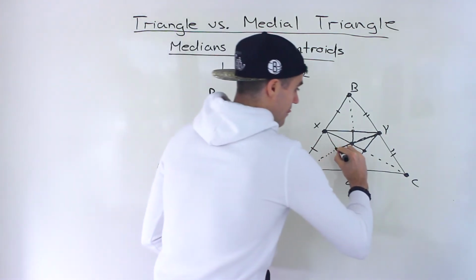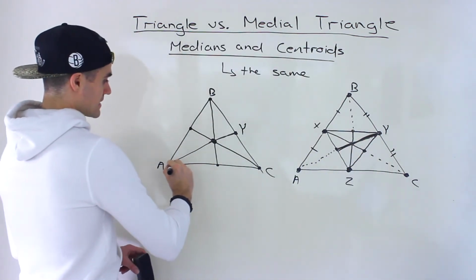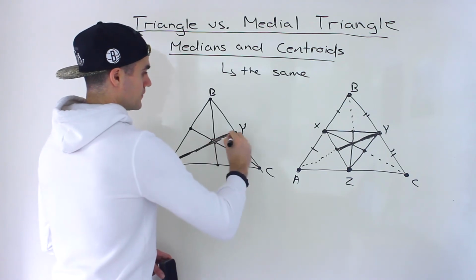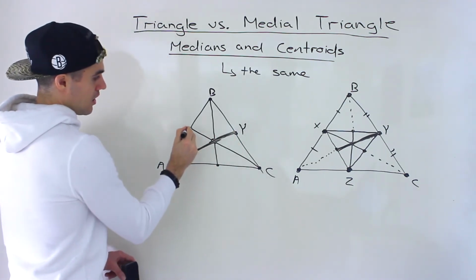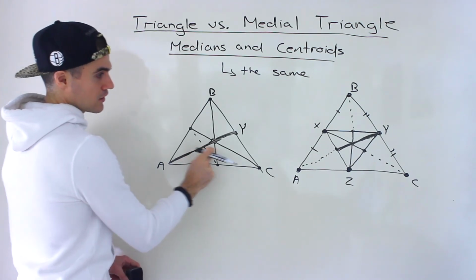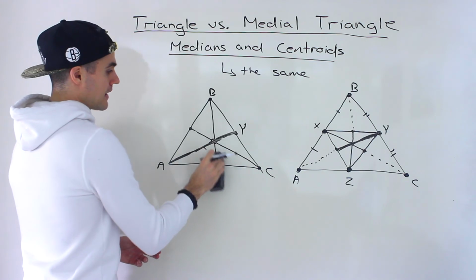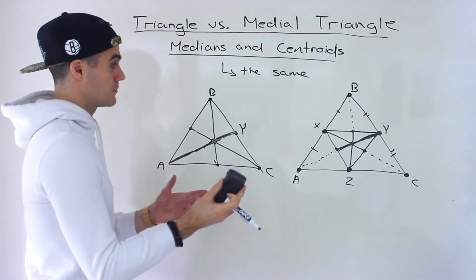So notice that this median, this line over here, it's the exact same thing as this line over here. It's just cut off, right? If we join those midpoints, it's just cut off over here at this point right here. But nevertheless, they are the same line.